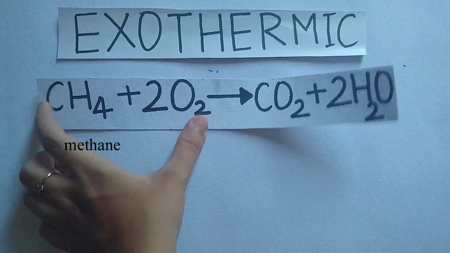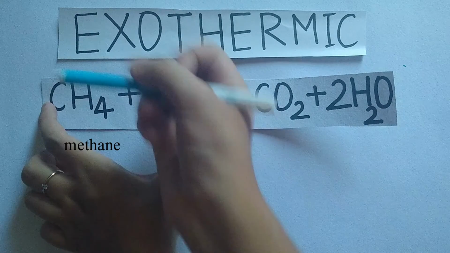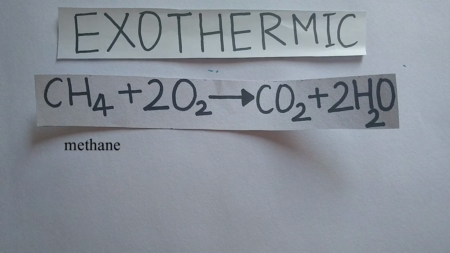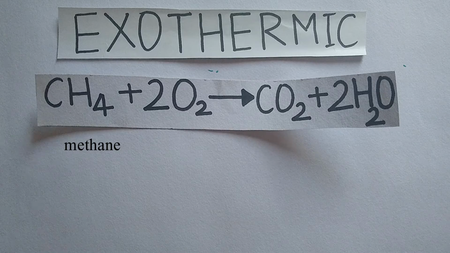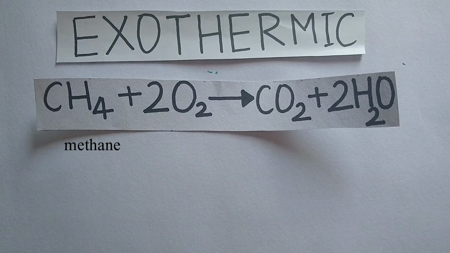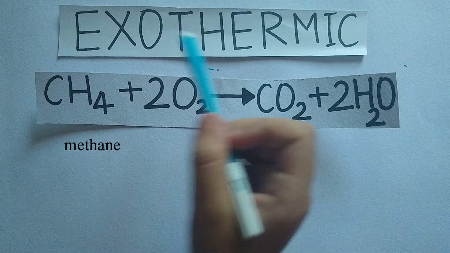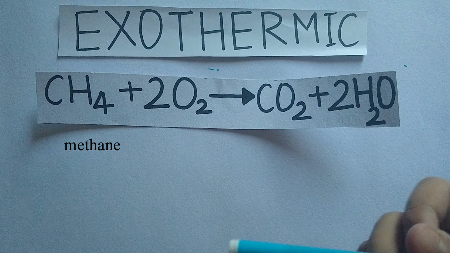So just a small compound, when burnt, gives us an enormous amount of energy to run an auto, a car, a bike, anything. So burning of natural gas will give you a lot of energy to run those vehicles. So that is why it is an exothermic reaction. It is giving out a lot of energy for you to run different things.